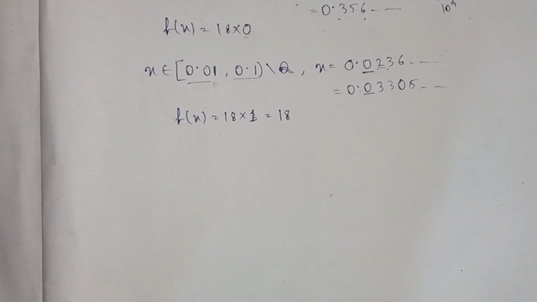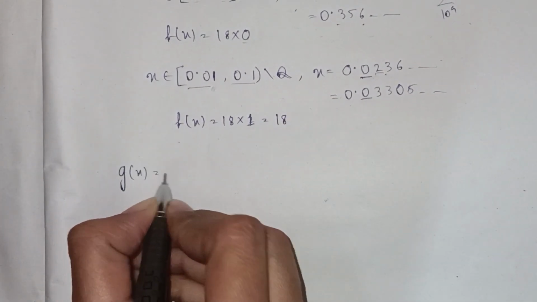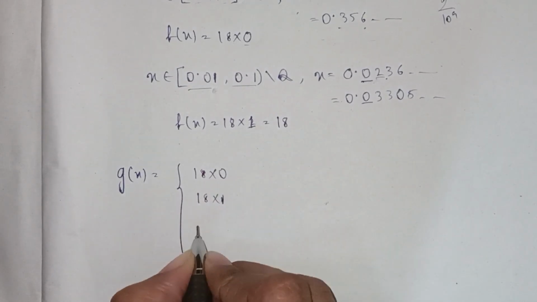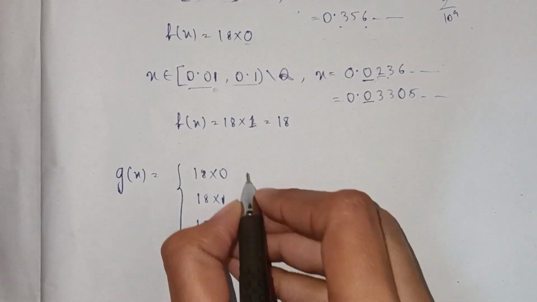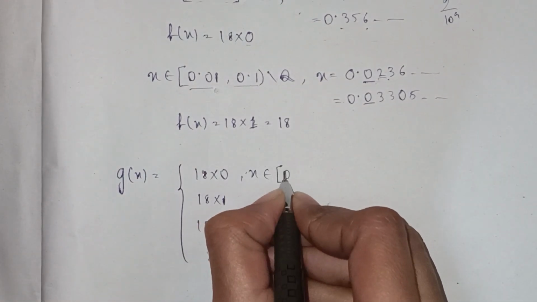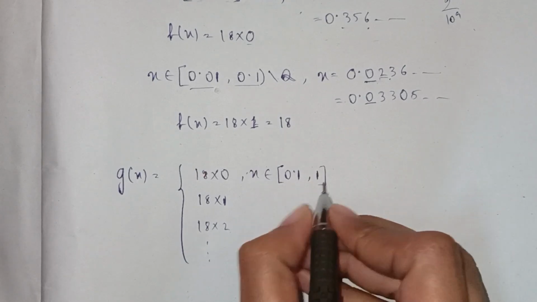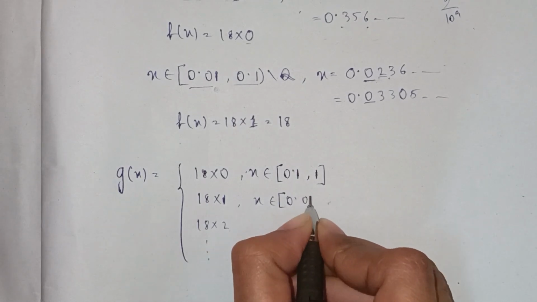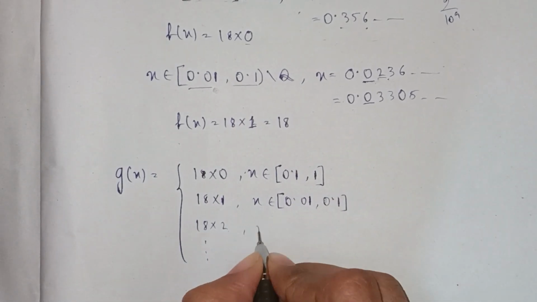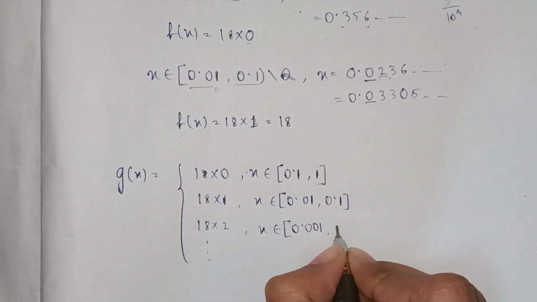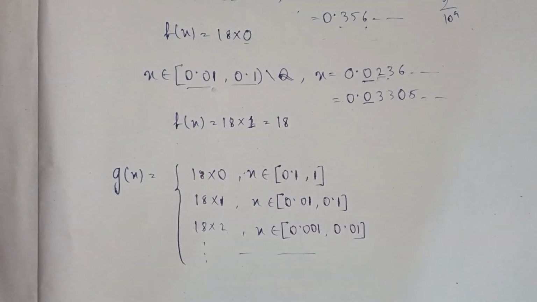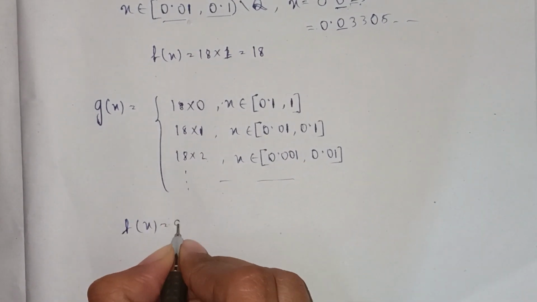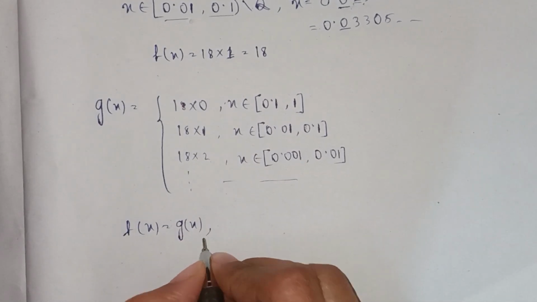Now let me define a function. g(x) is equal to 18 into 0, 18 into 1, 18 into 2, and so on, when x belongs to (0.1, 1), including rationals also, when x belongs to (0.01, 0.1), when x belongs to (0.001, 0.01), etc. Now see, here f(x) is equal to g(x) for all irrational points, right?